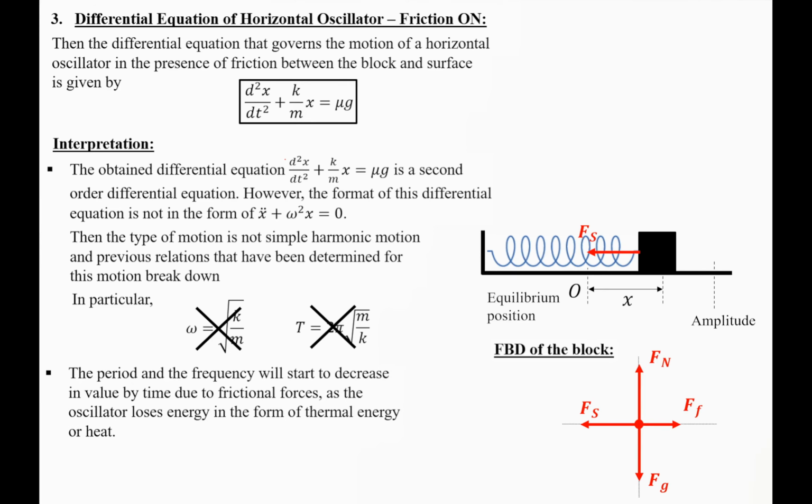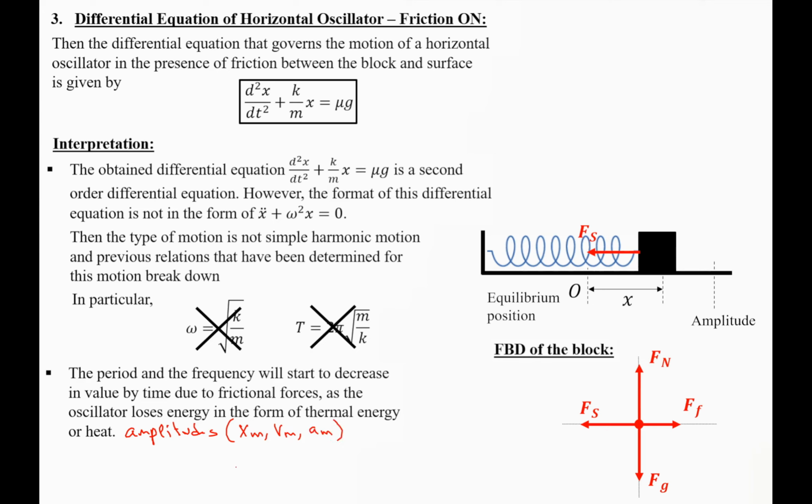The period and the frequency will start to change in value over time due to frictional forces, as the oscillator loses energy in the form of thermal energy or heat. And not only the period and the frequency, but also the amplitudes, and we're talking about xm, vm, and am as well.